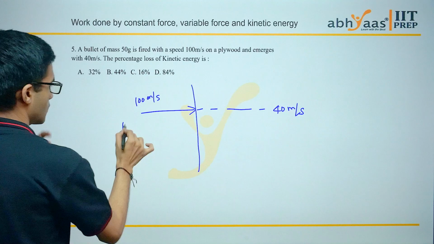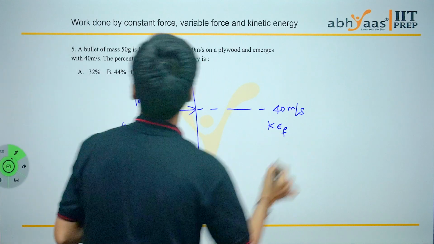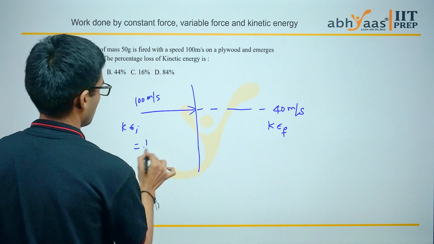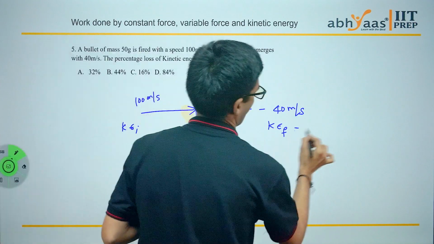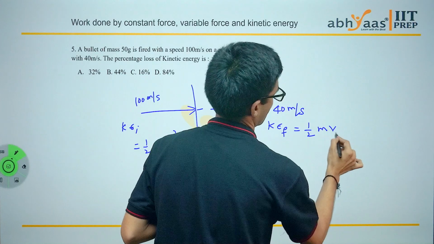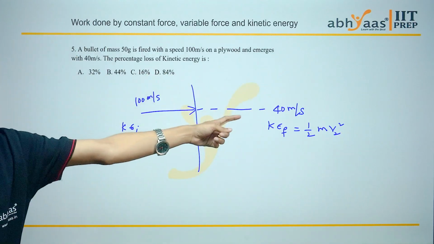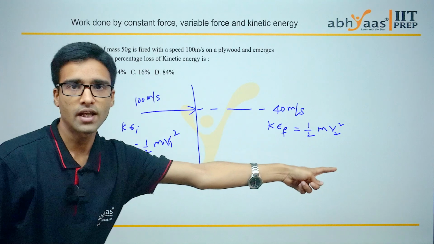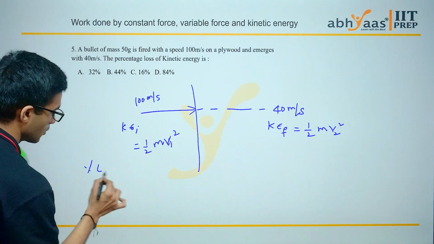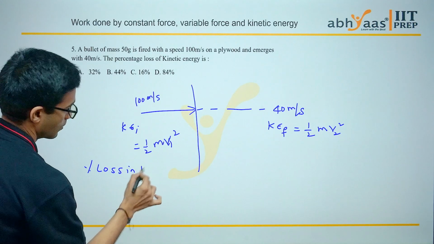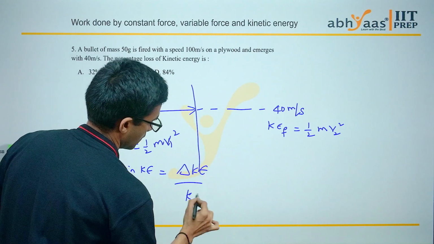KE initial is this one, KE final, here if you calculate, half m v1 square, half m v2 square. What is being asked? Percentage loss of kinetic energy. That means change in kinetic energy by original kinetic energy. So percentage loss in KE is equal to delta KE by KE initial.